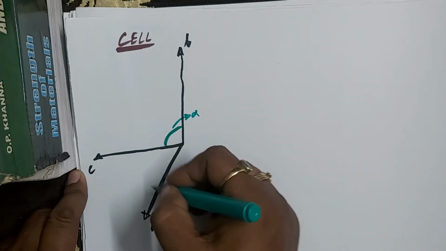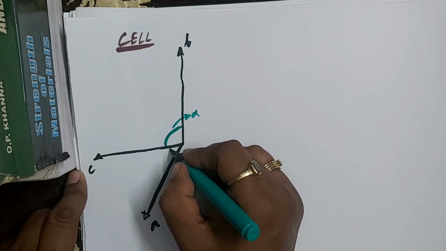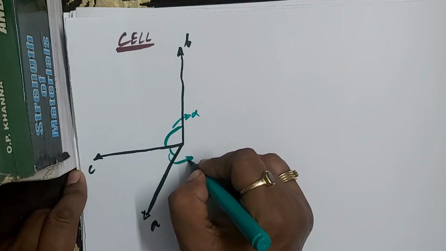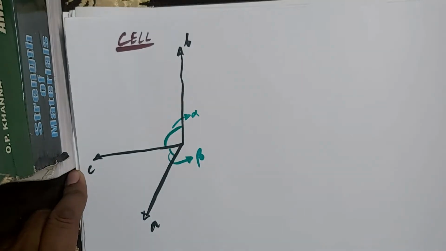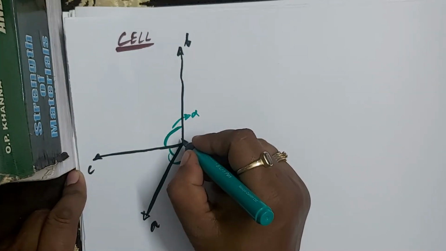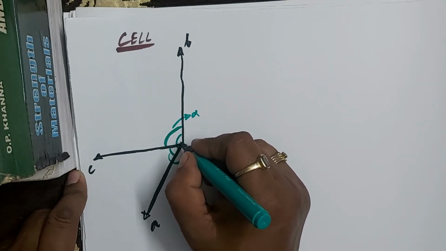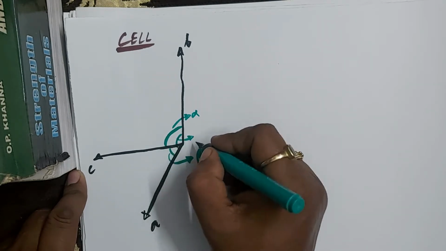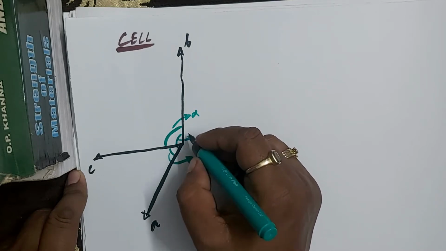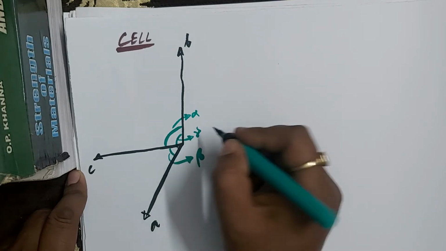Between A and C, where B is not there, we will call it beta, and between A and B, where C is not there, we will identify it as gamma.